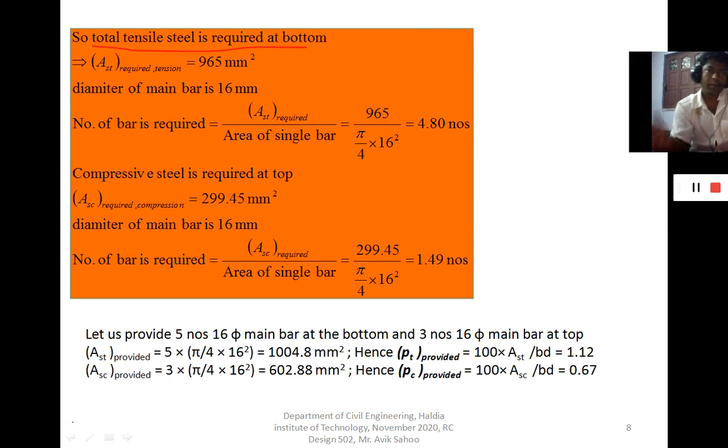How much tensile steel is required, that you have to apply at the bottom, and how much compressive steel is required, which you need to apply at the top. That we calculate following the codal expression.